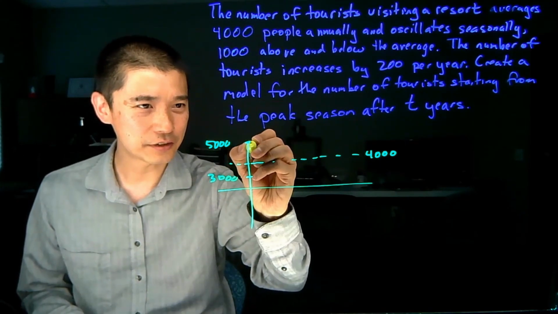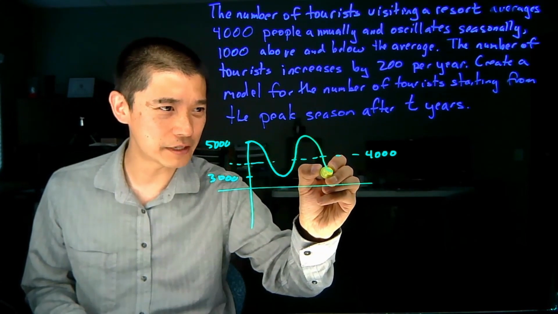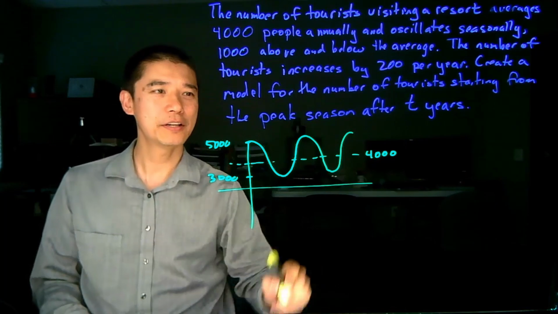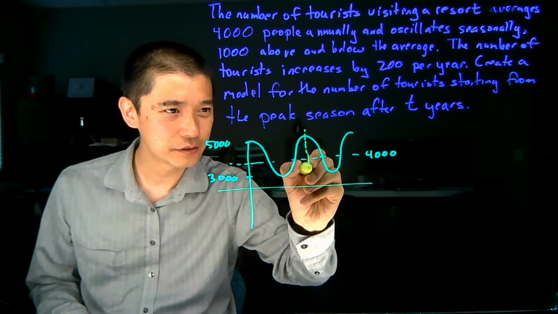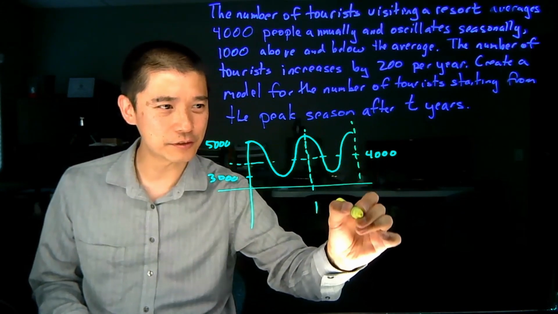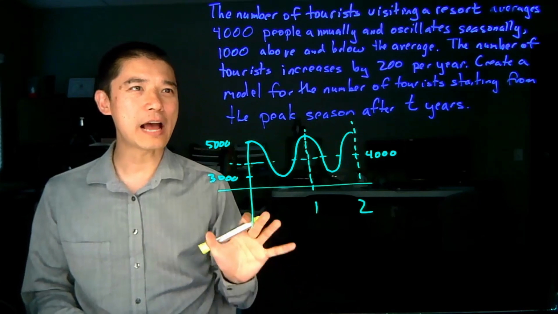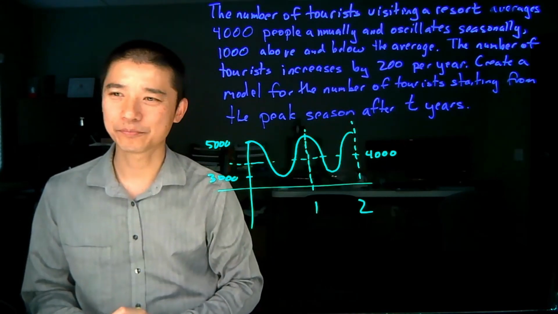And it's going to have this oscillating behavior. It's going to go down in the next peak season, and then the quiet season, and then peak season, and so on. And so every year, we have this 1 year cycle, and then another year, we have another cycle. All right, so this is the picture without the increasing tourism.